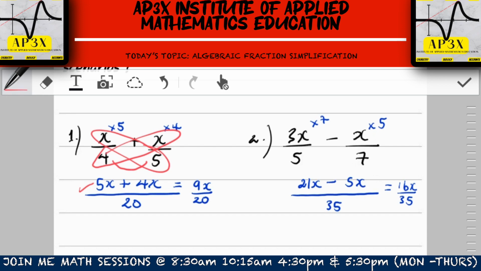But whenever I tell my students that you can cross multiply, they sometimes ask me, how can you cross multiply when you're subtracting? So that's usually why I don't normally tell my students to cross multiply, but mentally that's really what we're doing. If you notice here that if I take the 7 here and I multiply it by the 3x, I'll get 21x. And if I multiply here, say the 5 times x, I'll get 5x, and there's a subtraction sign here. And if I multiply the 5 by the 7, I'll get 35.